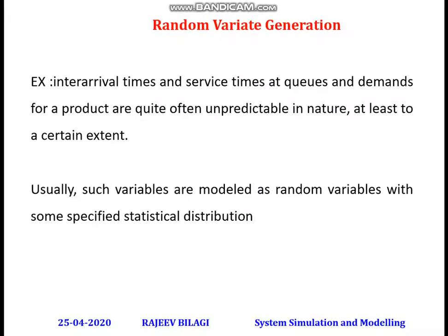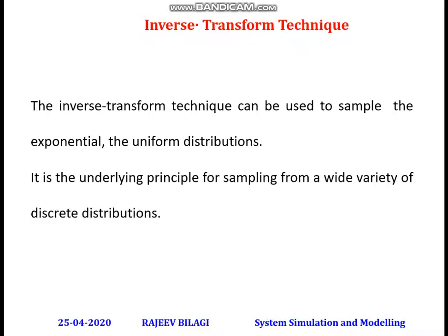Now, for example, if you consider inter-arrival times and the service times in the queues, they also become unpredictable, and the demands for a particular product are also unpredictable, at least to a certain extent. Now, these variables are modeled as random variables with some specified statistical distribution.